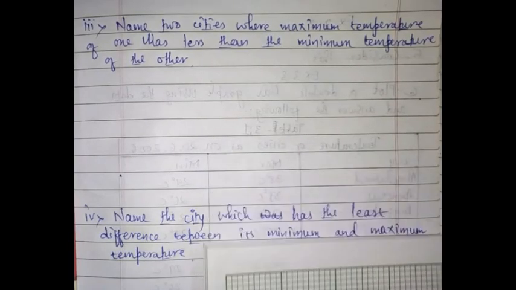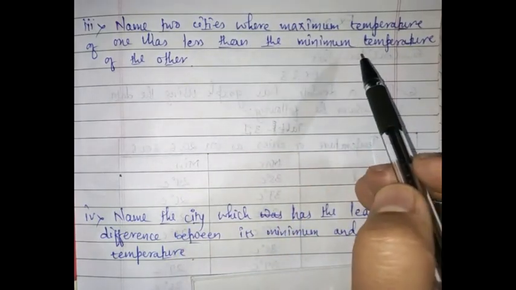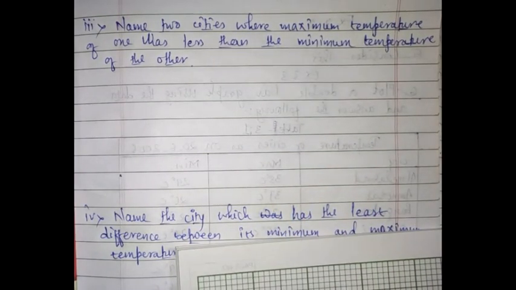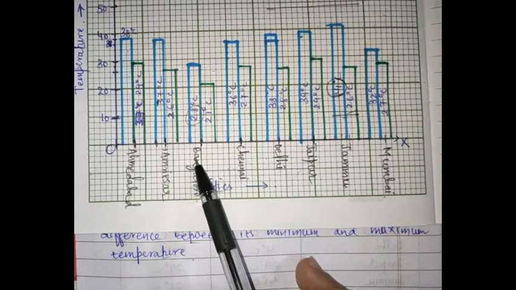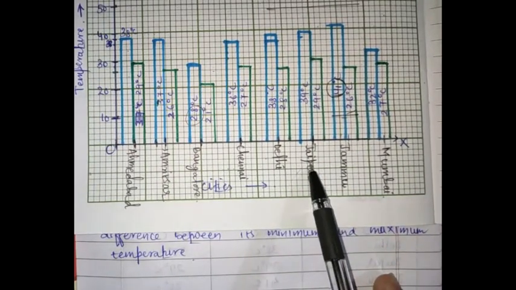Name 2 cities where the maximum temperature of one was less than the minimum temperature of the other. This is quite a tricky one. Observing the bar graph, we can say that Bangalore and Jaipur, and Bangalore and Ahmedabad, will be the 2 cities.